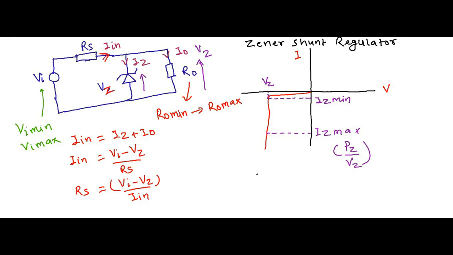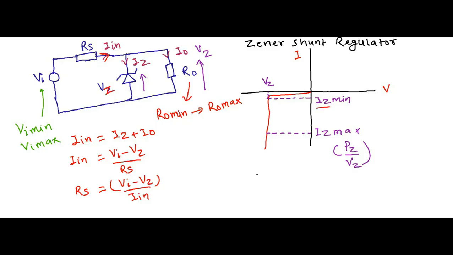And the minimum current Zener takes to go in the breakdown region is Iz minimum, and the maximum current that can flow through the Zener is Iz maximum.